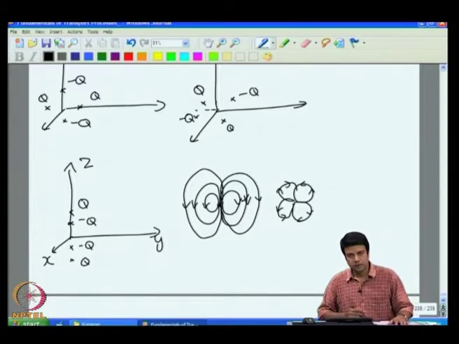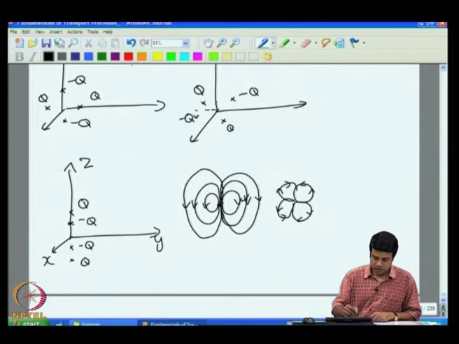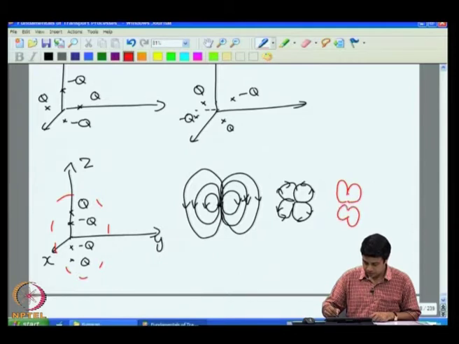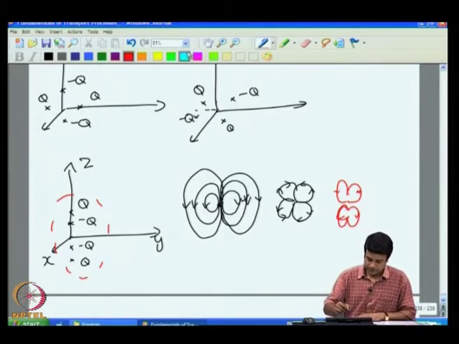And these two are separated either along the x square minus y square as well as the z square. So, in this case alone you will get a linear quadrupole. You get something that goes like this. Whereas in all other cases there will be planar quadrupole moments.